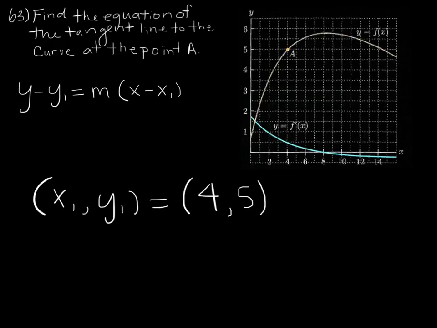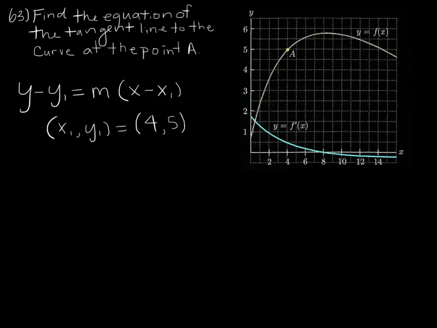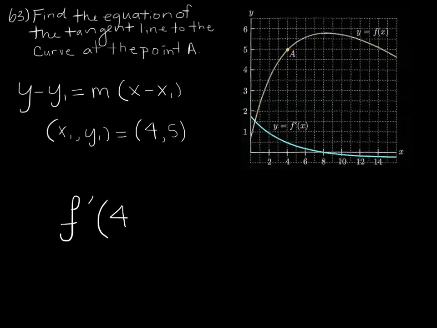Okay, what's left to find then is the slope of the tangent line at the point A. And we have here the graph of the derivative. So f prime of x is the derivative function. So if we plug into the function f prime of x the value 4, we will get the slope of the tangent line to f of x at the value 4.